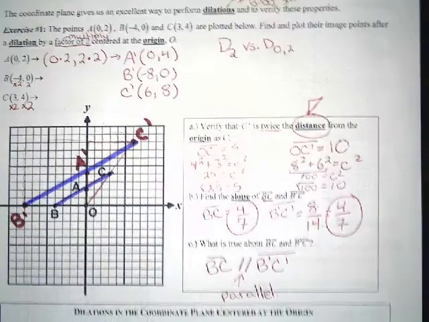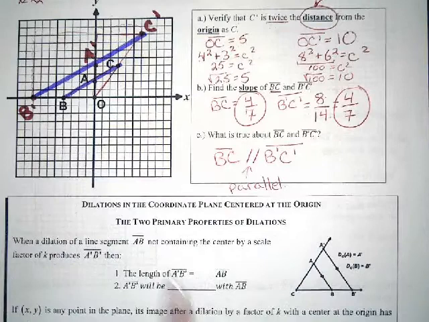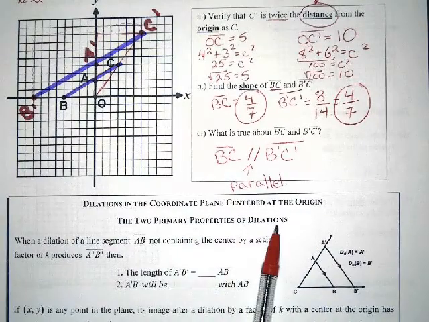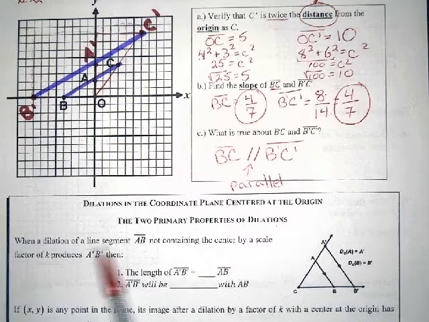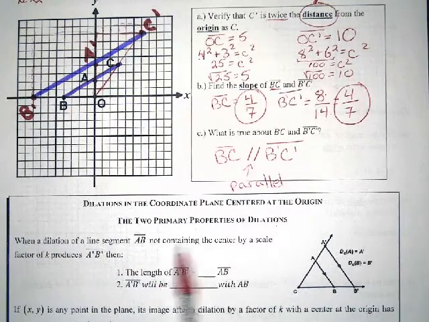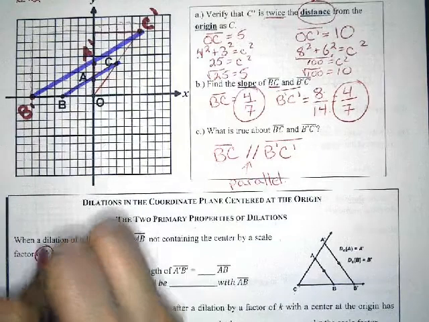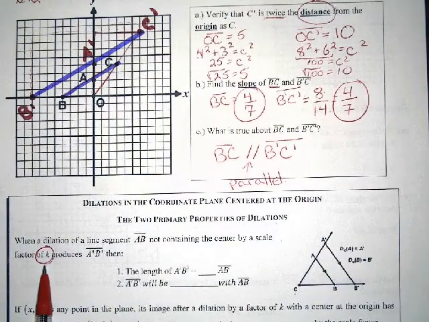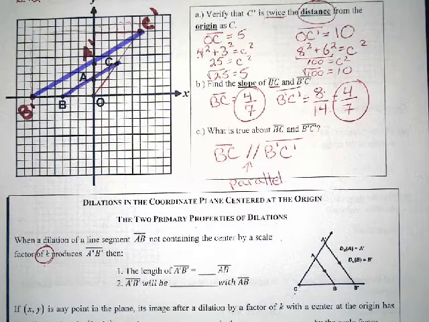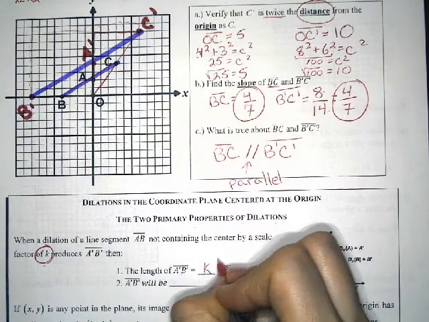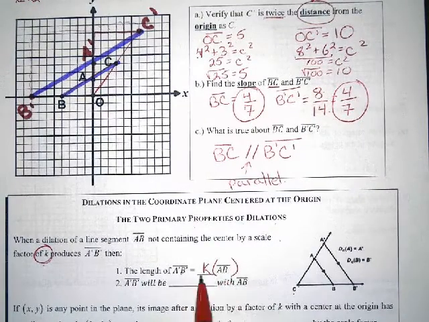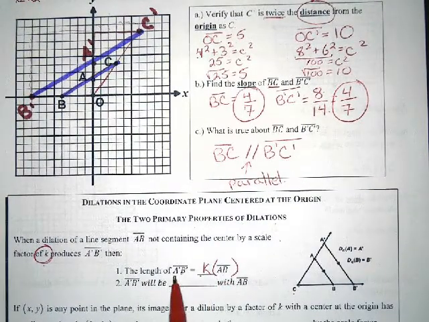So that brings us down to the two primary properties of dilations, right? Okay, so when we dilate a segment not containing the center here, the scale factor of k, remember that's what we're using, produces A prime B prime. So that means the length of AB, we would just take the length of AB and multiply it by k to get the new one.